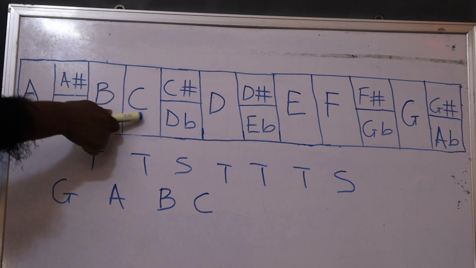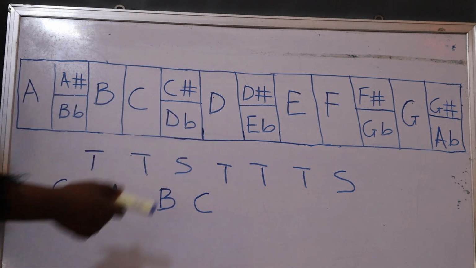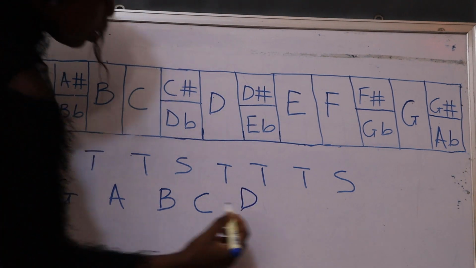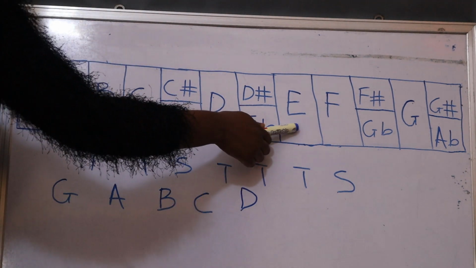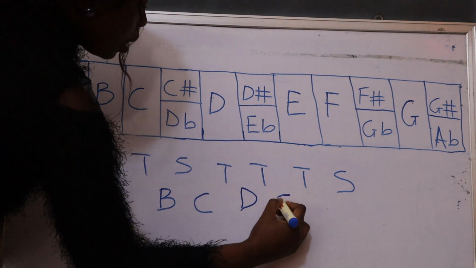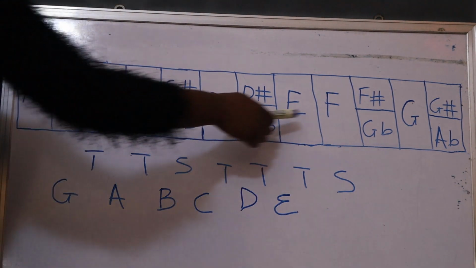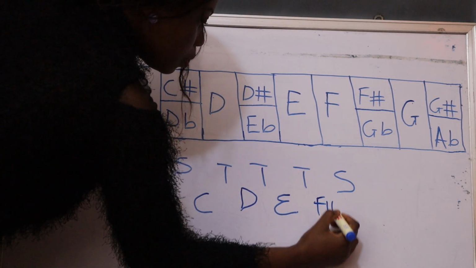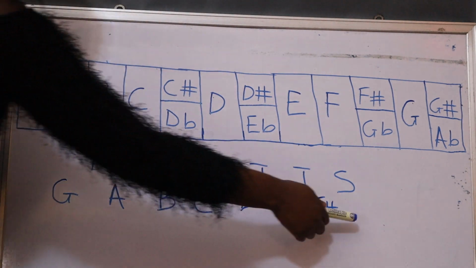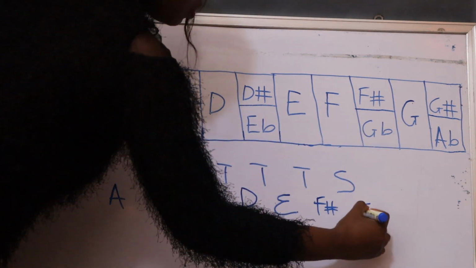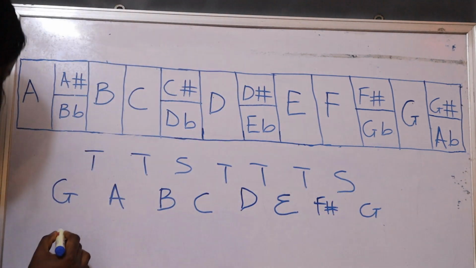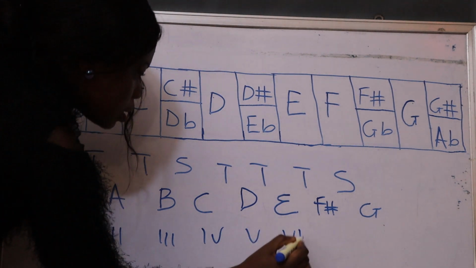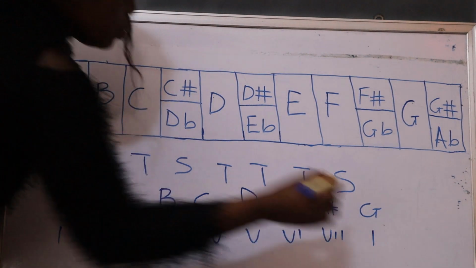A tone from C, moving a whole step forward, would be D. Another tone would be E. Another tone would be F sharp. And then a semitone from F sharp is back to G. So 1, 2, 3, 4, 5, 6, 7, back to 1.